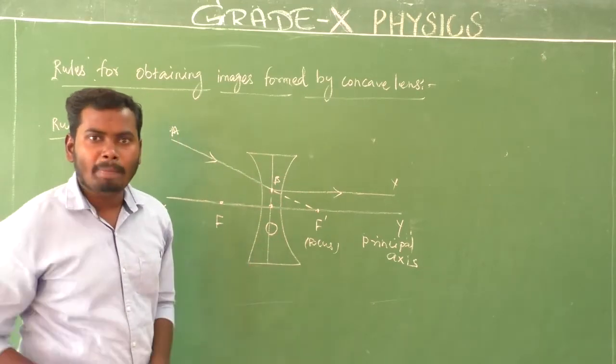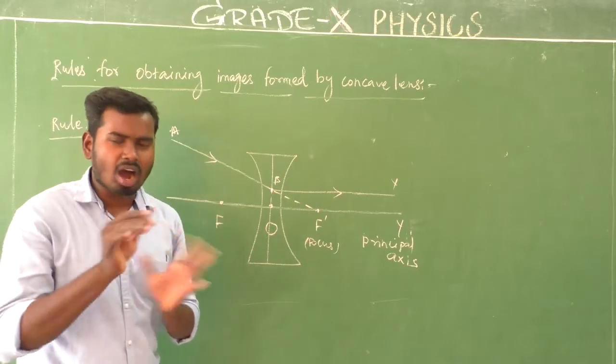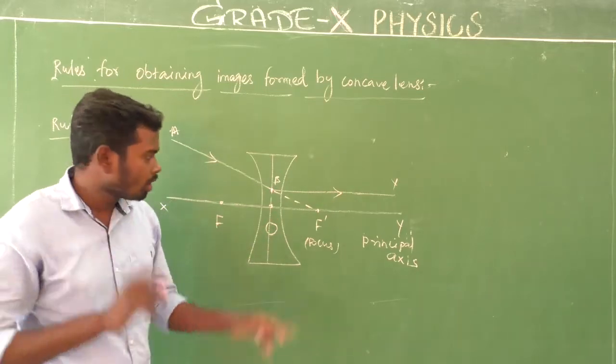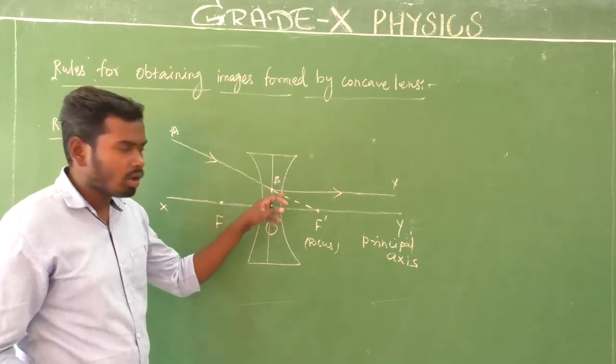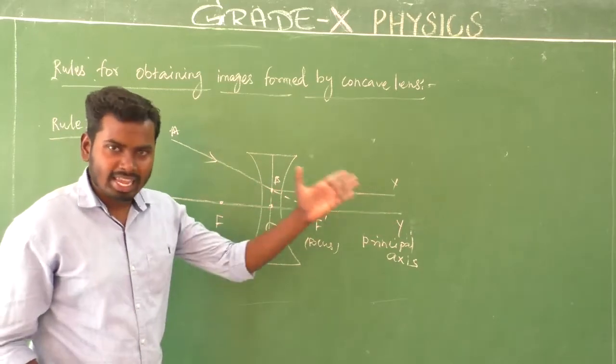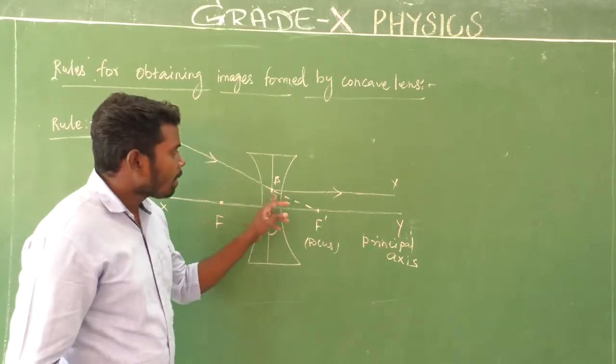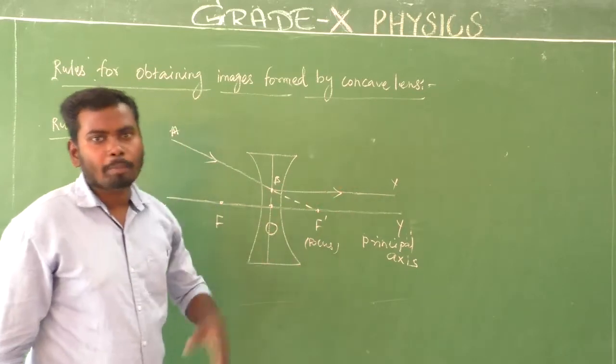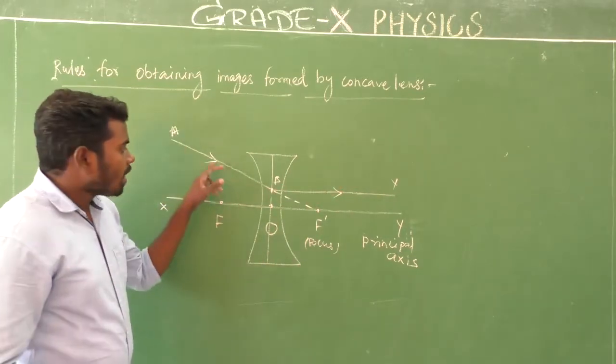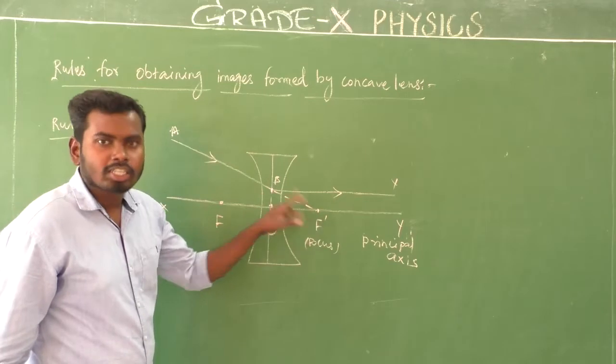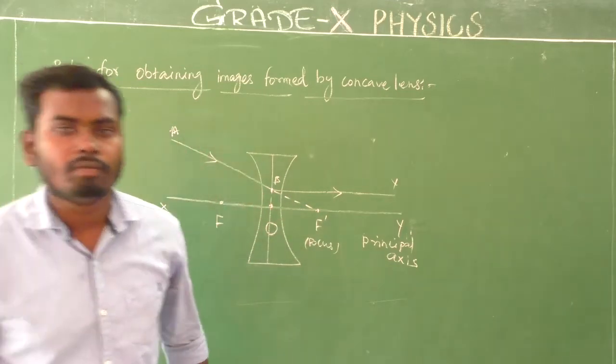It diverges all parallel beams of light rays, generally all light rays passing through it. Alright. So after refraction, the concave lens diverges the ray of light, then it becomes BY. It is parallel to the principal axis, but appears to be going towards its focus. This is the second rule. Very simple.